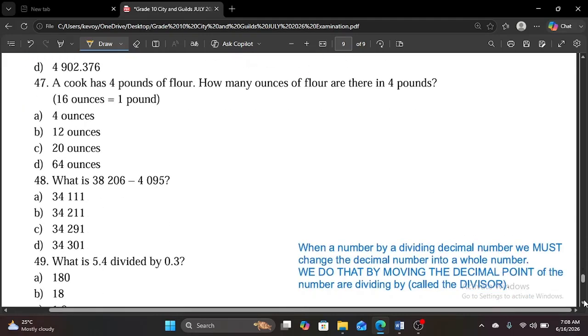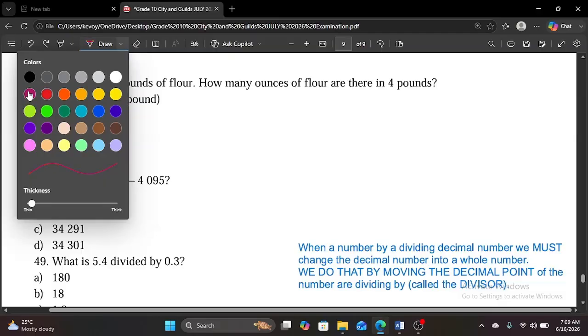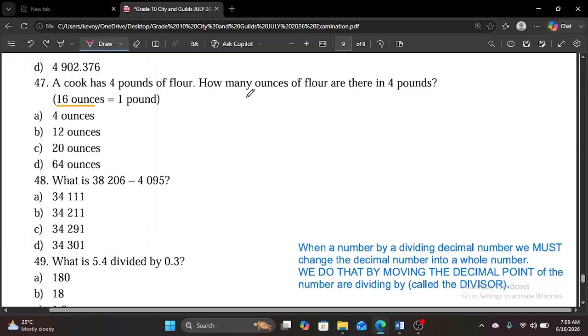All right, 47. A cook has 4 pounds of flour. How many ounces of flour are there in 4 pounds? So if 16 ounces is for 1 pound, what's going to happen if you have 4? How many ounces would we get? All we have to do is multiply 16 times 4.